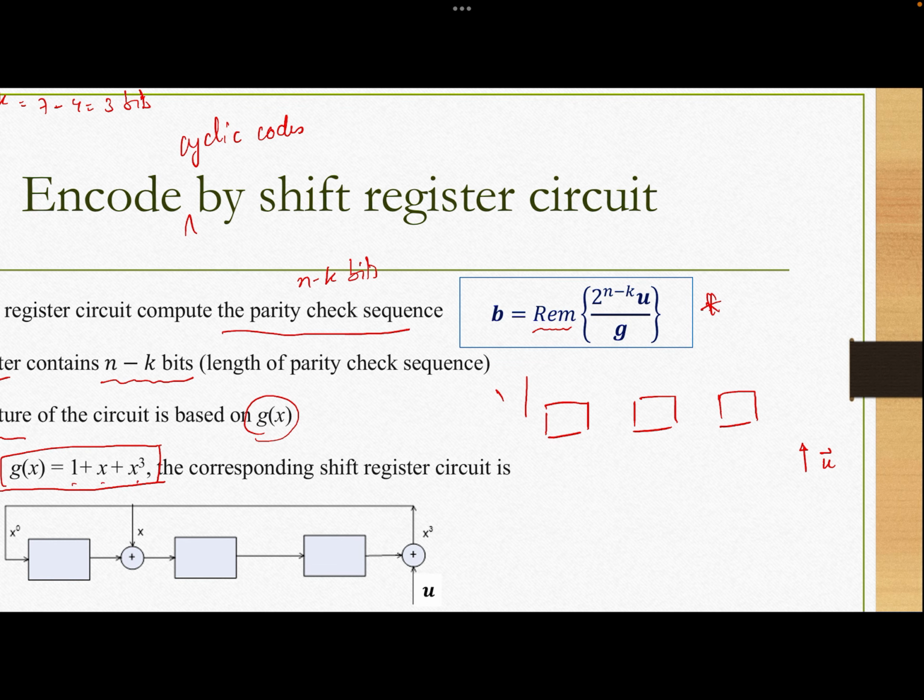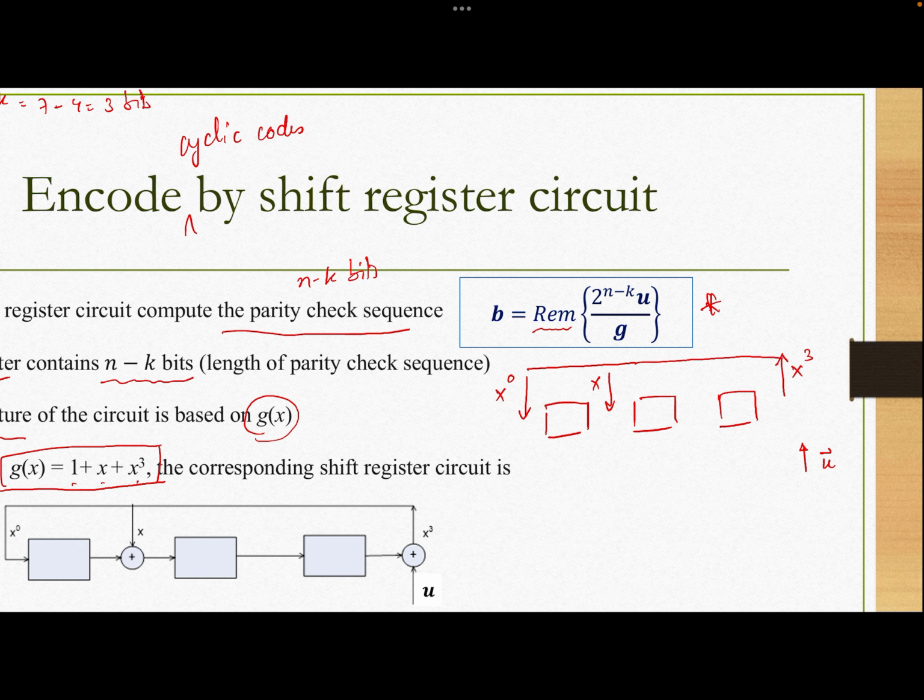This is x to the 0, so we have this line here, and then we have x, so we have this line here. We don't have x squared, so we don't have the feedback in the next box. Then we have x cubed. Be careful that the arrow of x cubed will go up. Then this is the feedback.